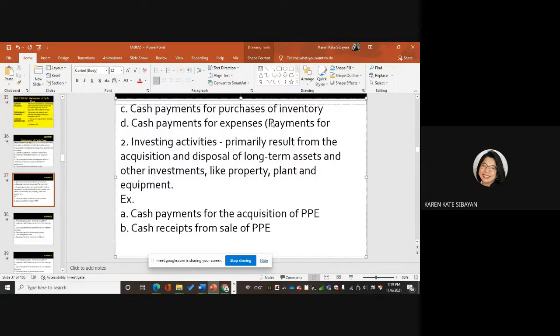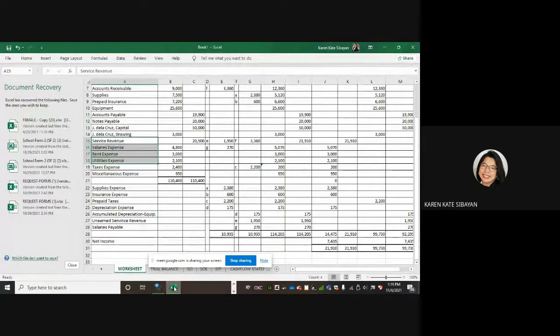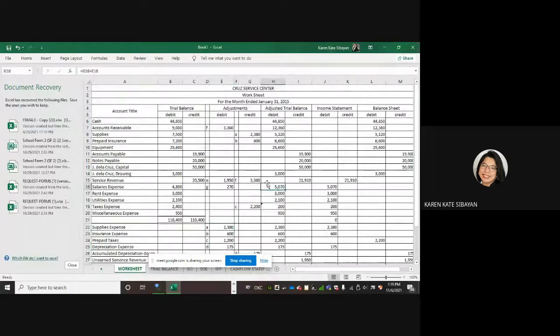Pwedeng payments for expenses or pwede tayong maging specific. For example, pili lang tayo. Kasi, di ba binigay ko sa inyo yung adjusting entries? Class? So, anong tawag dito? So, these are operating activities. Diba?